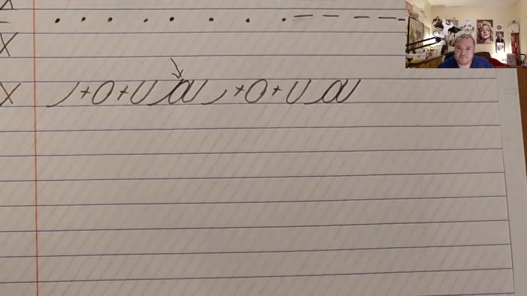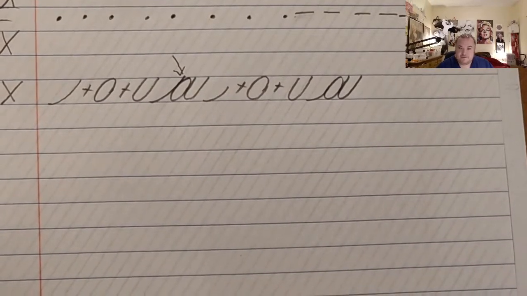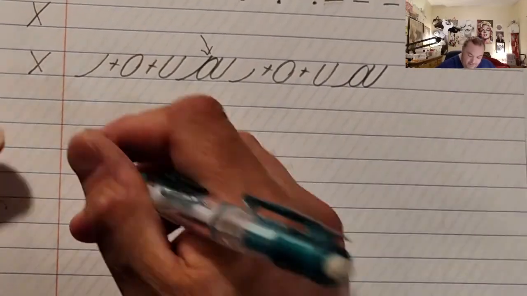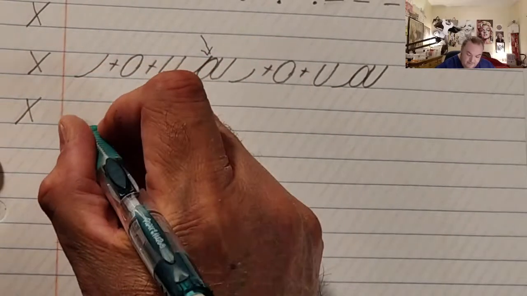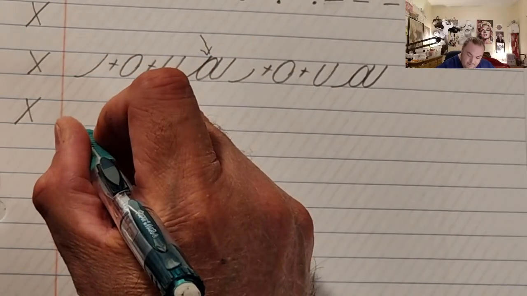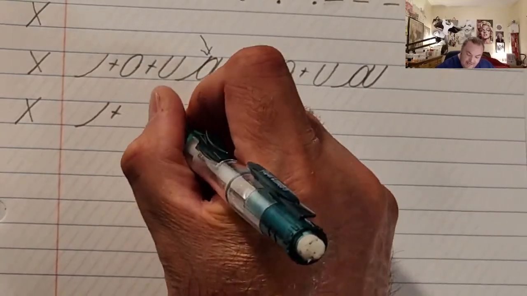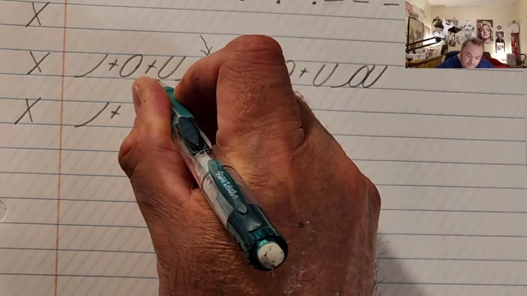Okay. Now, are you all ready for a difficult letter? We're going to do letter B. Let's drop 2 down. Mark off our X height. We're going to do an upstroke plus an ascending stem loop. So we're going to do an ascending stem loop.